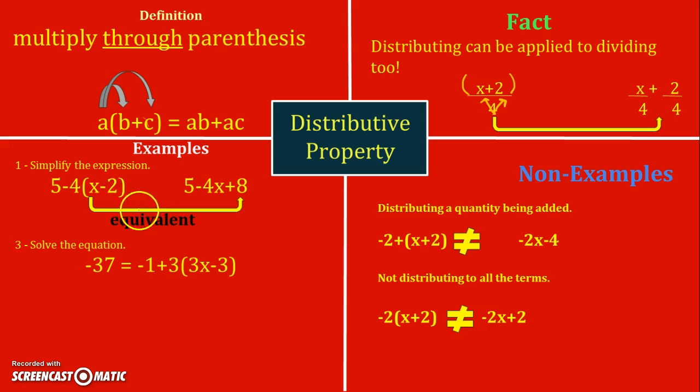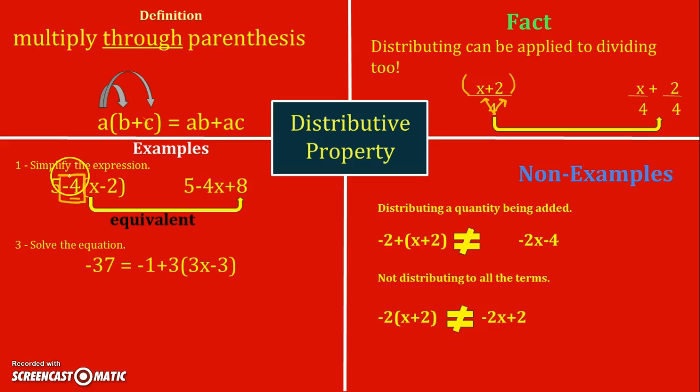So let's turn our attention to the examples down here. We've got two different examples. One says simplify the expression and one says simplify the equation. When we simplify the expression with the distributive property, we're looking for what is being multiplied, what's on the outside of the parentheses with no operating sign between it. Well, this 4 right here, but it's not just a 4, it's a negative 4. We have to make sure that we include the sign that's in front of the number or the variable that we're distributing.